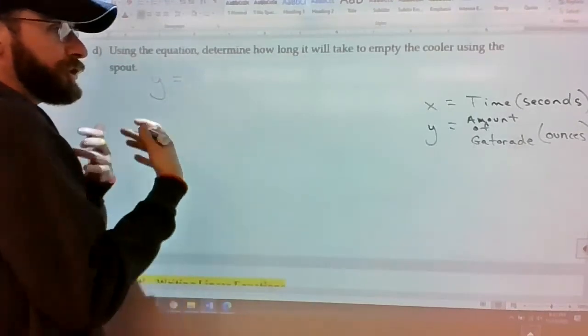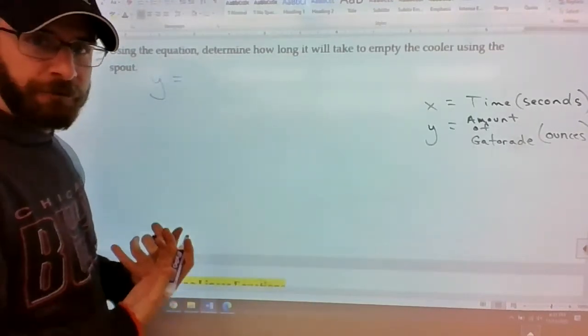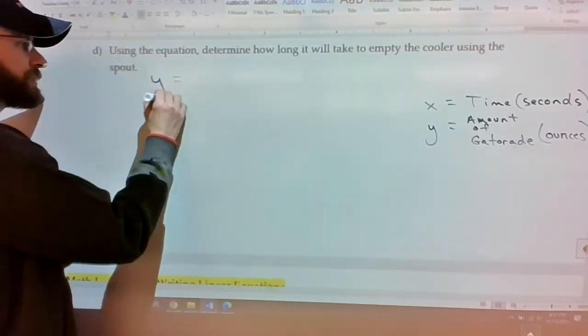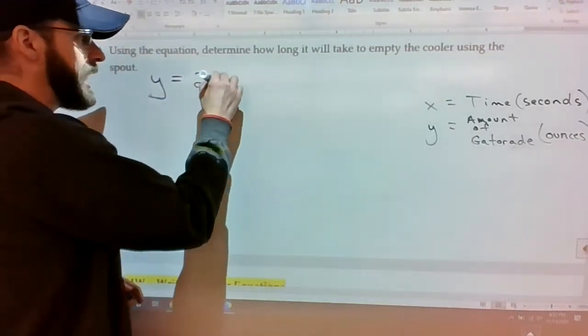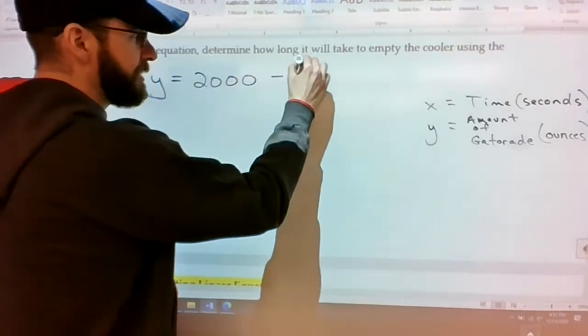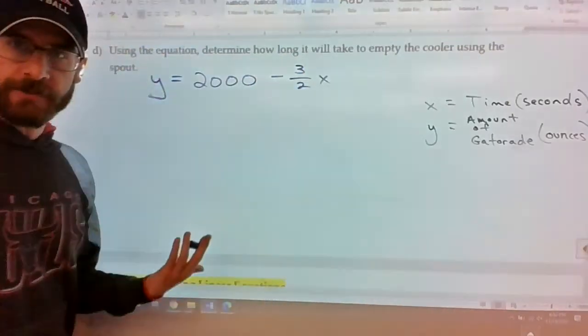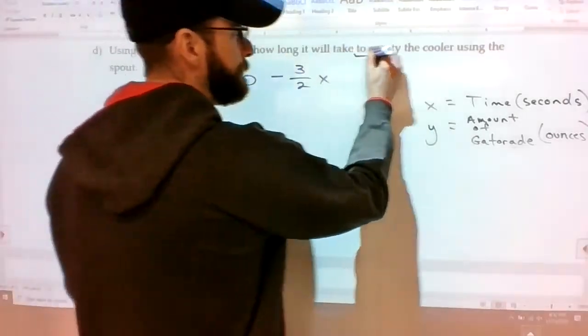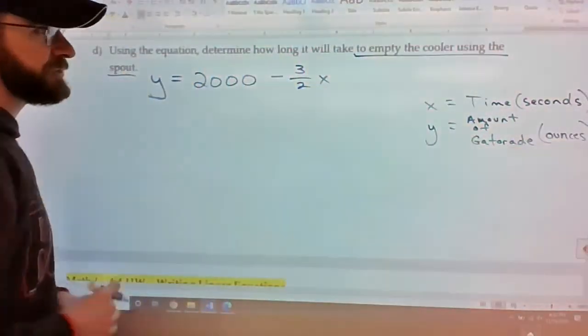So again, we're using the original equation every single time. y equals 2,000 minus 3 over 2x, right? So how long will it take to empty the cooler using the spout?